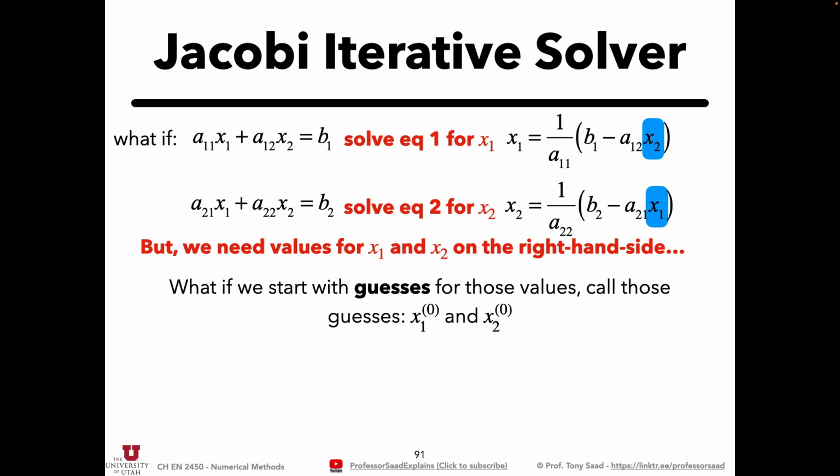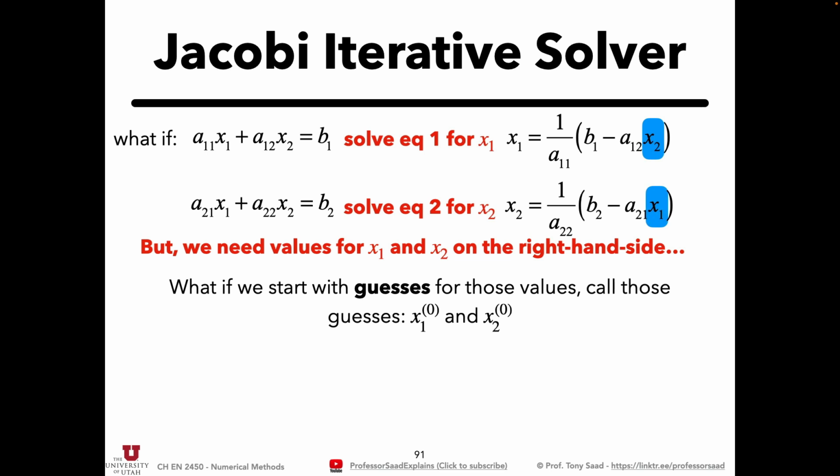Suppose we start with a guess for x1 and a guess for x2, and put it on the right-hand side, and use this formula to get a new value for x1 and x2. What would that do? Because we are using the true equations of the system, do this and keep doing it over and over again, you are going to converge to the true solution.